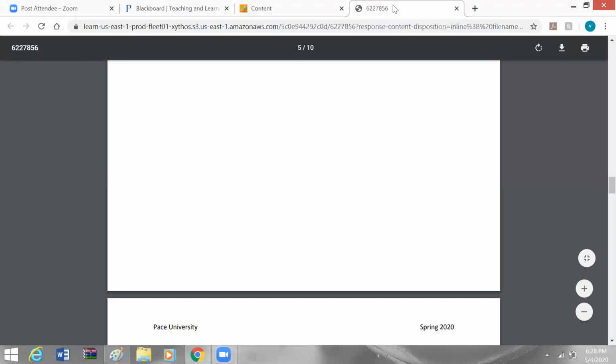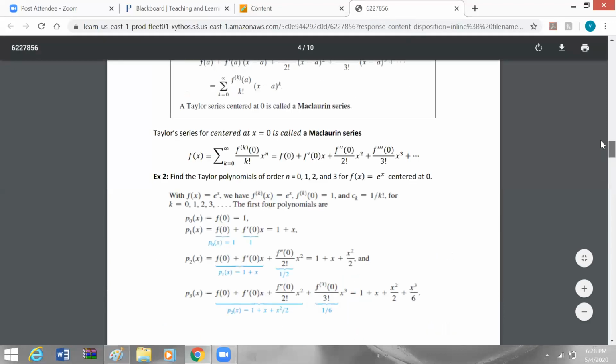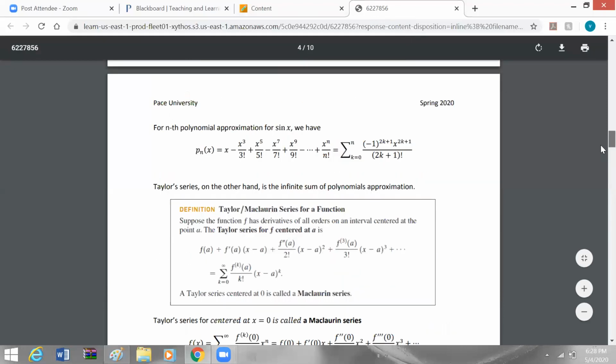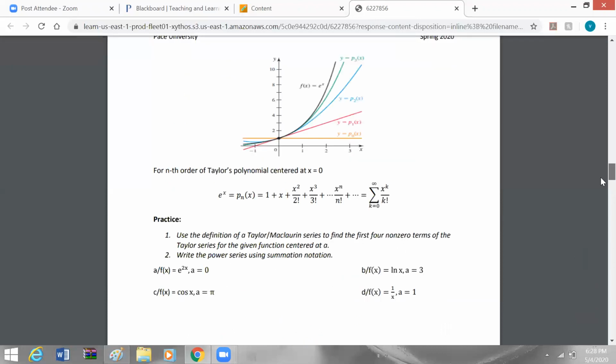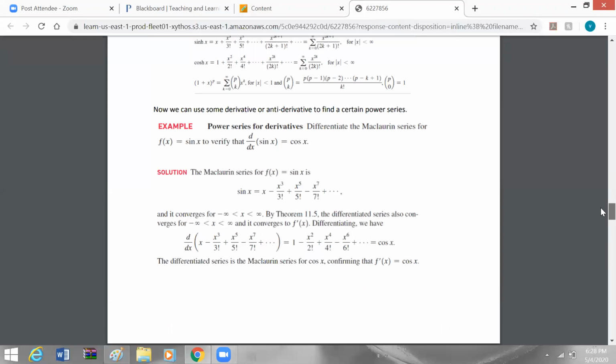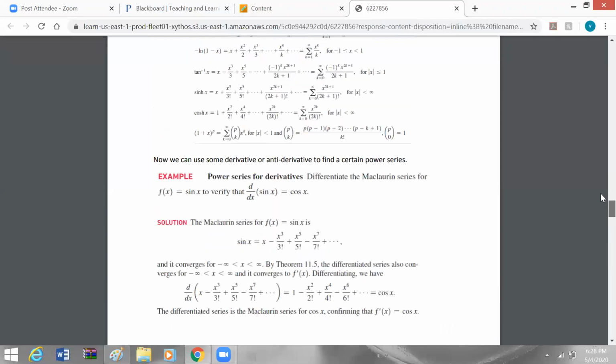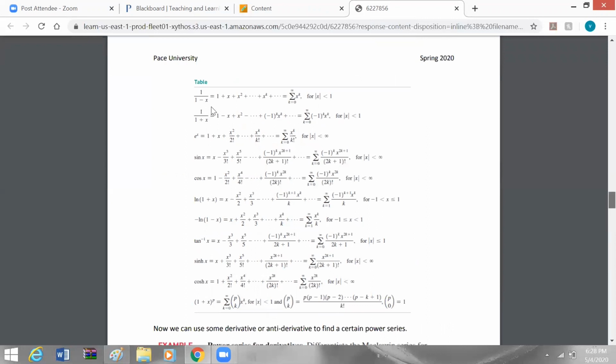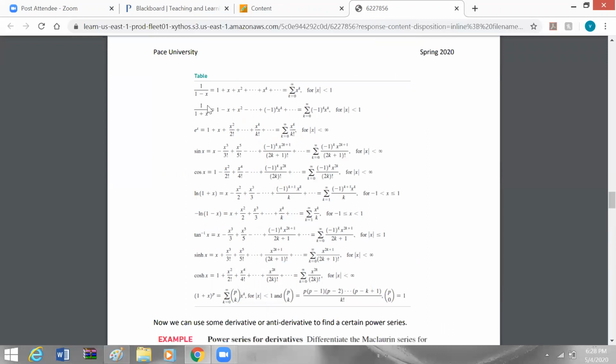So what have we worked on so far? We have worked through the Taylor series and then the Maclaurin series. We know how to expand using derivatives, right? We know how to take care of that. And this is a chart where we write down all of these Taylor series at x equals 0.